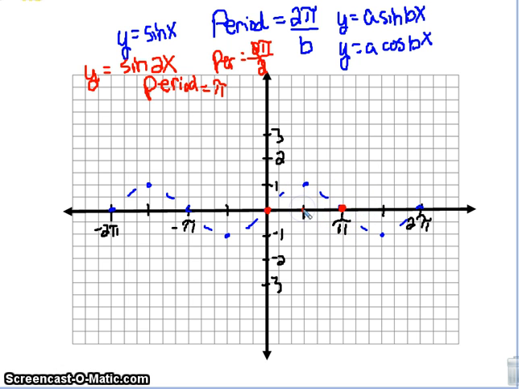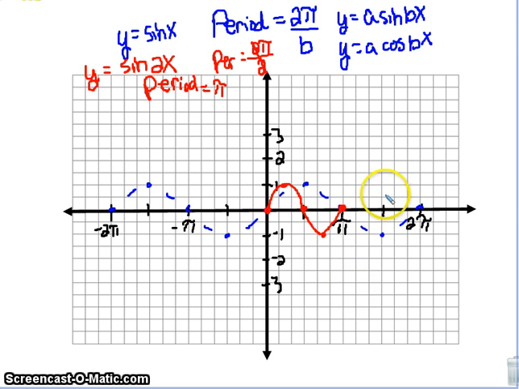So now we have to go 0, 1, 0 by pi over 2, and 0, negative 1, 0. Yes, it's going to smush it in. We have to get the entire mountain and trough in by pi. We've got to go 0, 1, 0, negative 1, 0 in a period of pi.